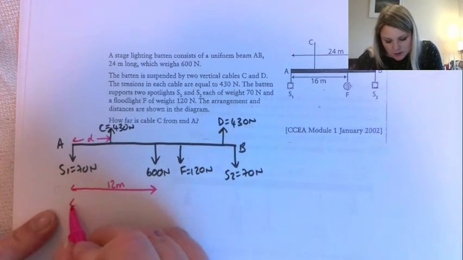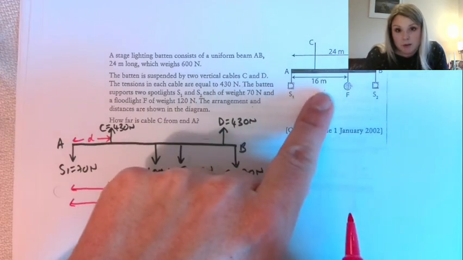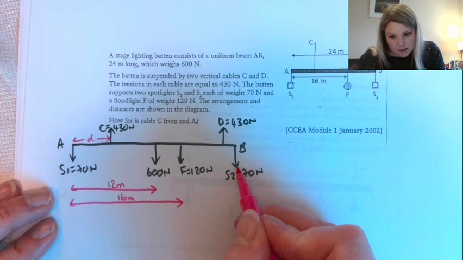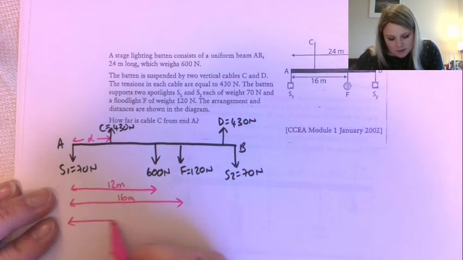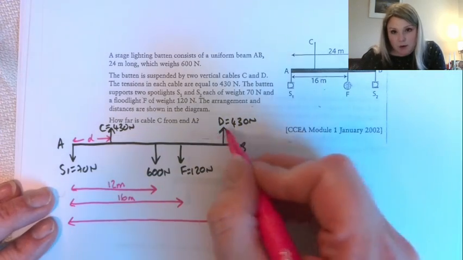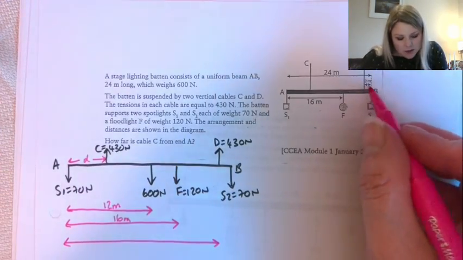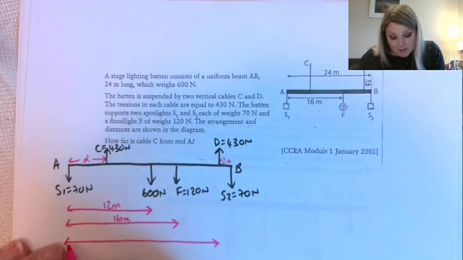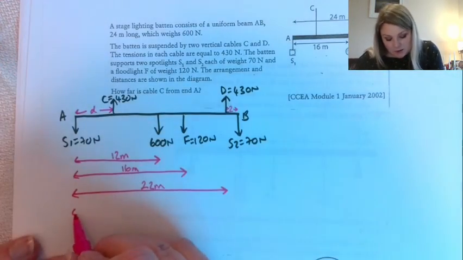F, it told us, was, oh sorry, it was marked on up here, 16 meters. And then the next one along here is going to be the one until this point D. Now if we look back up here, it told us that this wee length here was 2 meters, which means that from this end to here must be 22 meters, and then to the very end is obviously the 24.